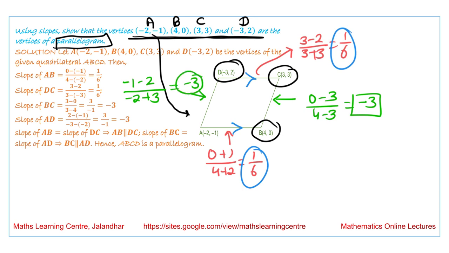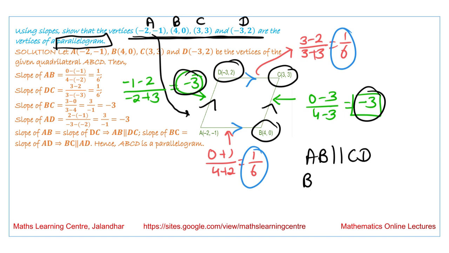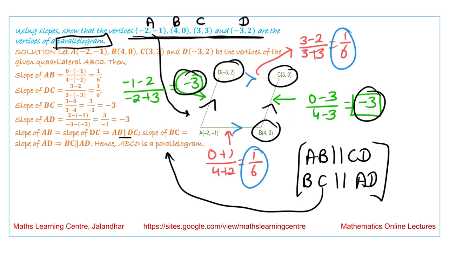So we are saying the slopes of both these lines are equal. It means again both these lines are parallel to each other. So what we obtain is that AB is parallel to CD and BC is parallel to AD. Opposite sides are parallel. So this implies that ABCD is a parallelogram.